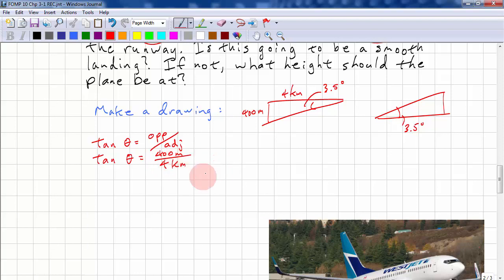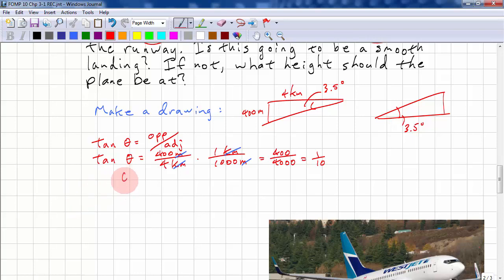These are not common units, so we need to convert. 1 kilometer equals 1,000 meters. The units cancel out, and we have a ratio, and that's what we want for tangent. So this is 400 over 4,000, and this simplifies to 1 over 10.